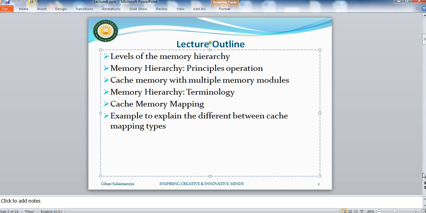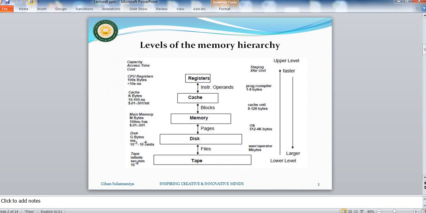So first of all, the levels of memory hierarchy design. I gave you an idea about it in the last lecture. The memory starts with the microprocessor at the top, which is the register.